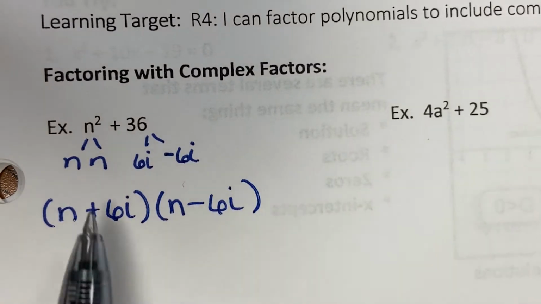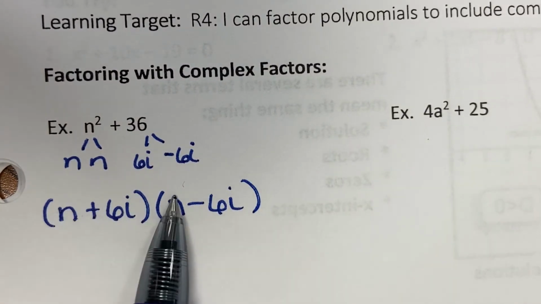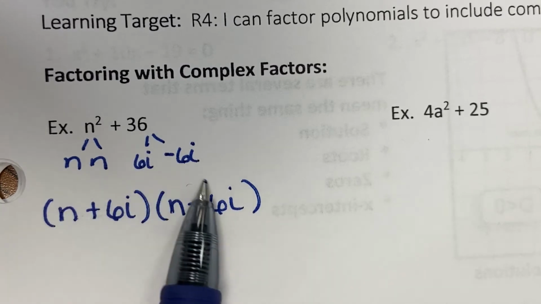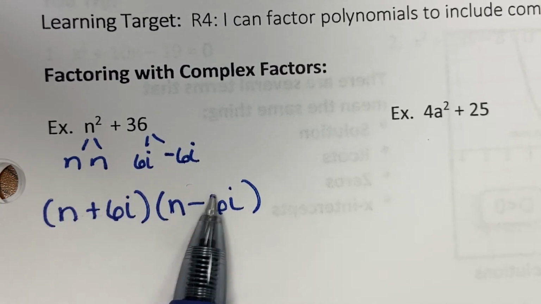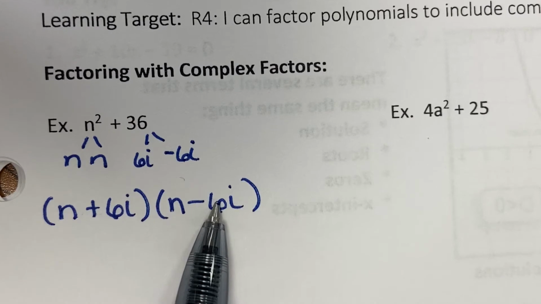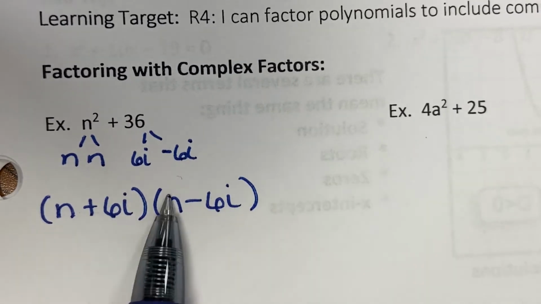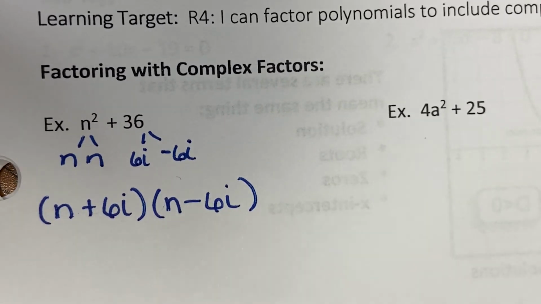If I were to redistribute this, I'd get my n squared, but then here I'd have a negative 6in or a negative 6ni, however you want to write it, and then a positive 6in. Well, that negative and that positive would cancel out in the middle, right? Just like it does with difference of squares.